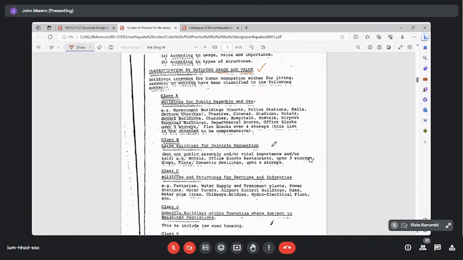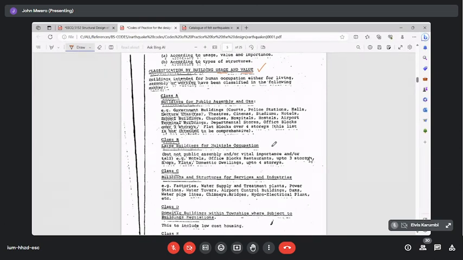So government buildings, courts, police stations, halls, lecture theaters, cinemas, stadia, hotels, school buildings, churches, all that is put as Class A.